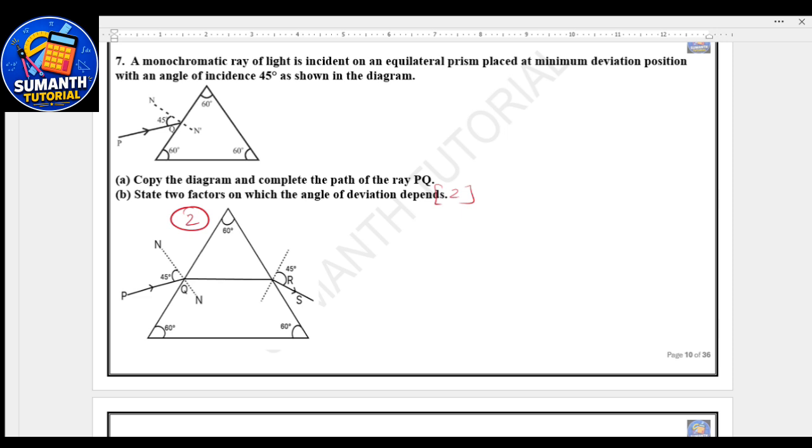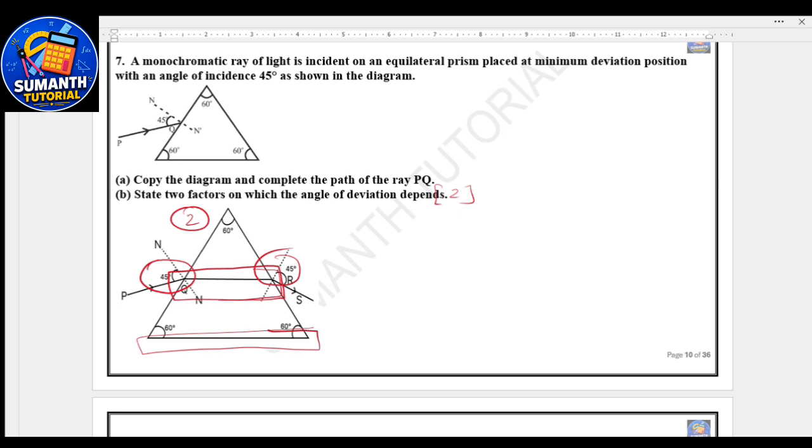Whenever you are writing for the minimum deviation, this line is important. It should be parallel to the baseline. First condition, for a minimum deviation, the refracted ray must be parallel to the baseline. Then here I1 and I2 must be of same value. The evaluator will check these 2 points.